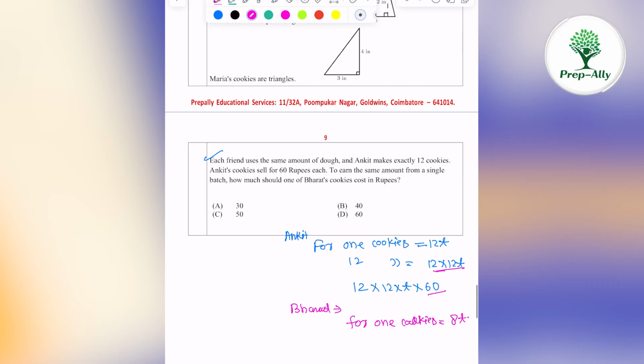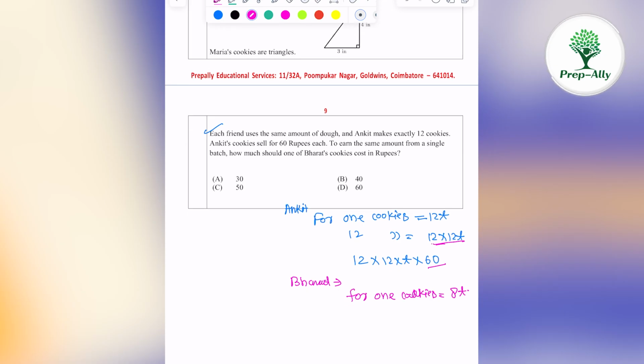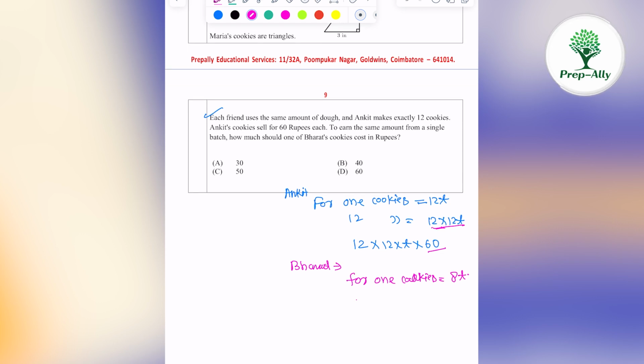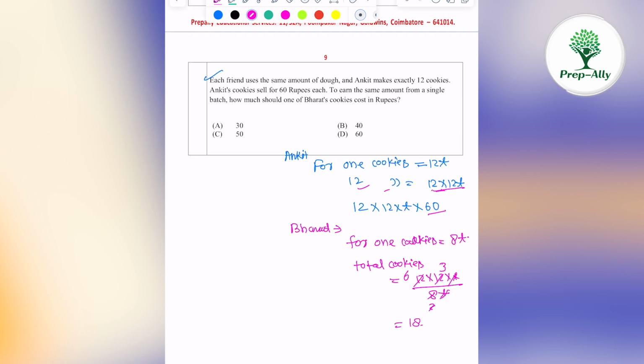So with the same dough, how many cookies can Bharat form? That is 12 into 12t divided by 8t, which is 18. Ankit forms 12 cookies, Bharat forms 18 cookies.